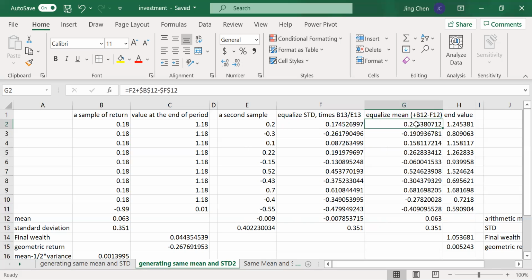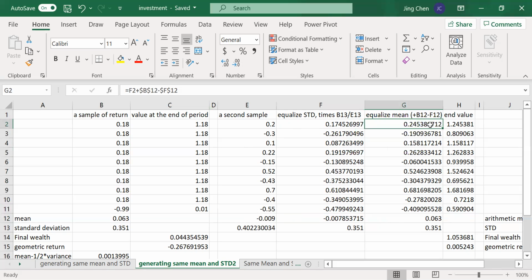To equalize the mean, we add the mean from the first series and subtract the mean of this, not exactly the second series, but the series after equalizing the standard deviation. Minus this mean from here.